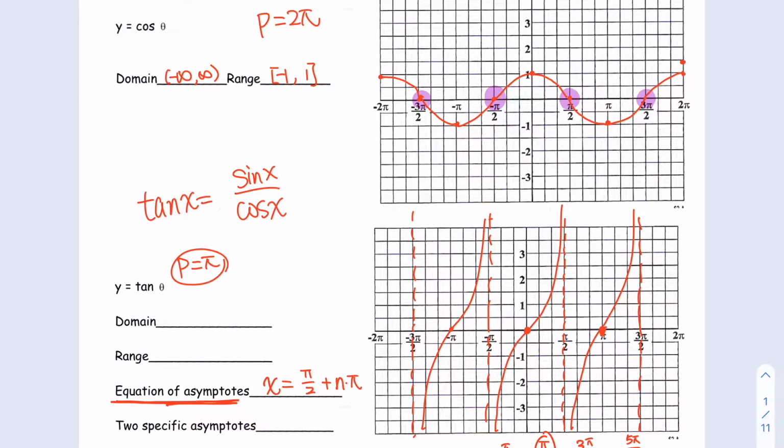You keep adding pi. And n can be 0, -1, -2, etc. Just any integer. And given two specific asymptotes, you can choose n equals 0, so it's pi over 2. n equals -1, which is negative pi over 2.